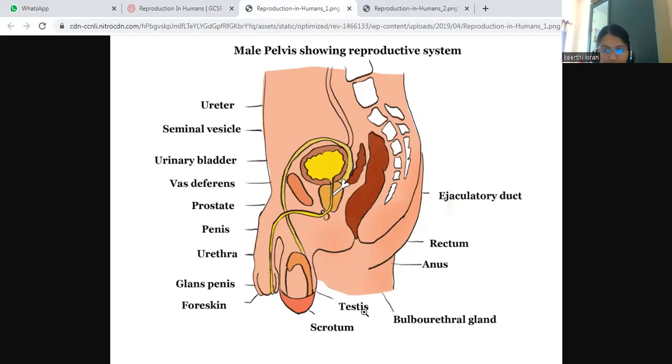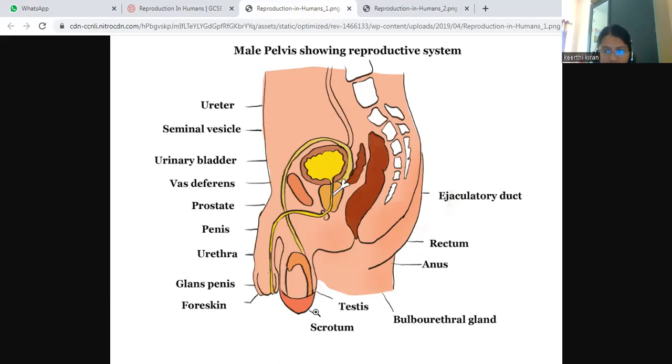In the testis only, the formation and development of the germ cells, the sperm, will occur. The testis is situated outside the abdominal cavity in the scrotum.